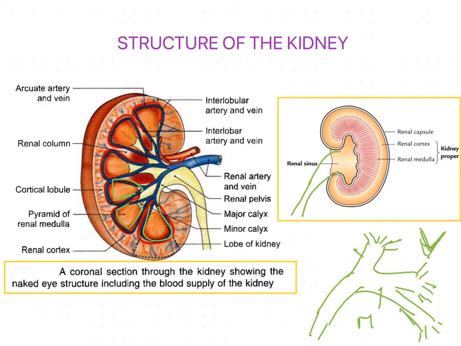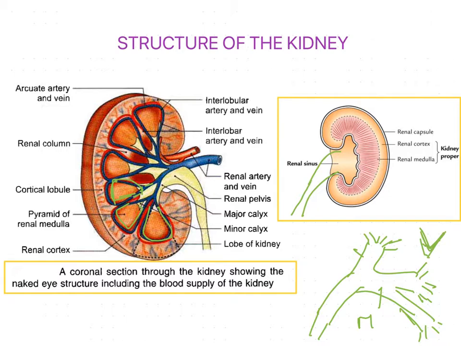These renal pyramids have the apex, which is directed towards the renal sinus, and the base, which is present towards the cortical region.